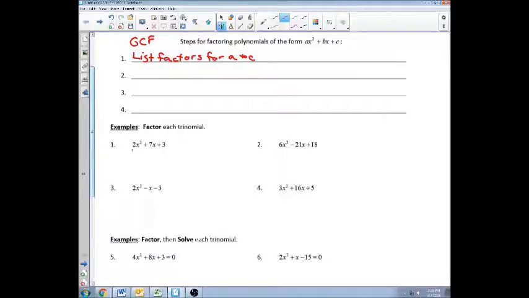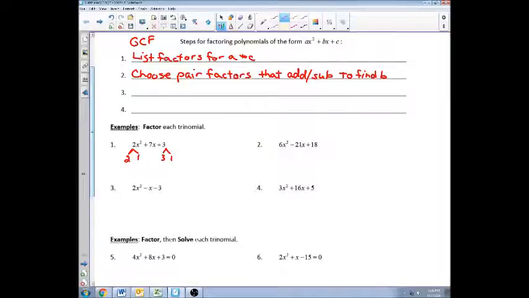I'm going to go ahead and list my factors of 2. That would be 2 times 1. And list my factors of 3. That would be 3 times 1. Now, from here, I need to find some combination of these numbers, or choose the pair of factors that will add or subtract to find my B value.